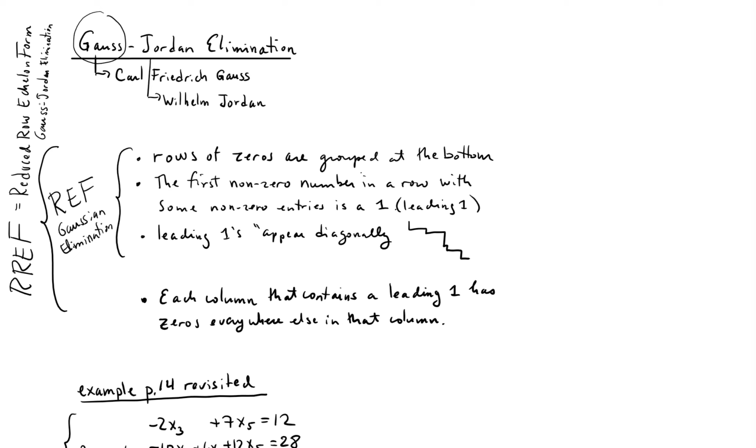Wilhelm Jordan, on the other hand, I personally don't know much about. He's actually not a mathematician, so he helped to promote the method, but he was working in geodesy, which is a discipline about how the earth is shaped, and so it has a lot to do with mathematics, but he didn't per se do mathematics on his own.